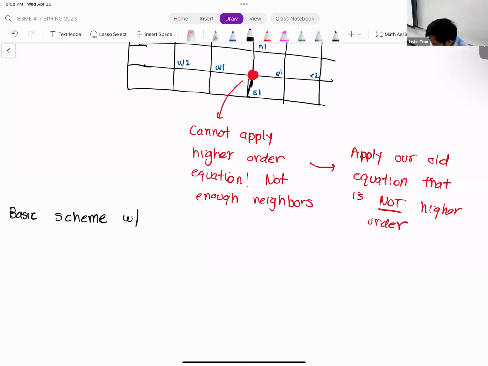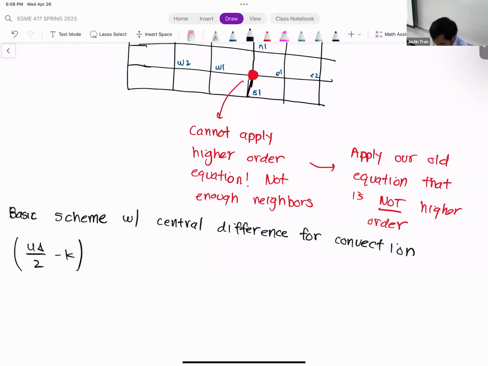So this is our basic scheme with central difference for convection. Thankfully, it's a lot shorter because we don't have as many neighbors to deal with.